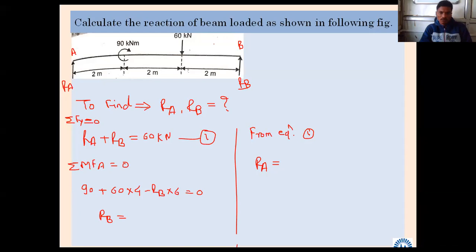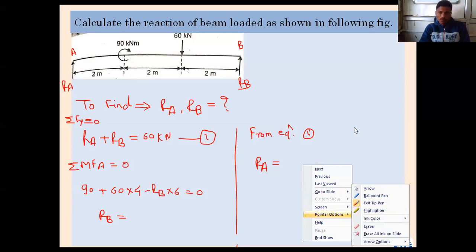Samarth Chavan. Okay. Mahesh, 38. Mahesh, are you there? What is your answer? Reaction RA. Sir, I am sick, I am not solving, sir, I am only listening. Okay.